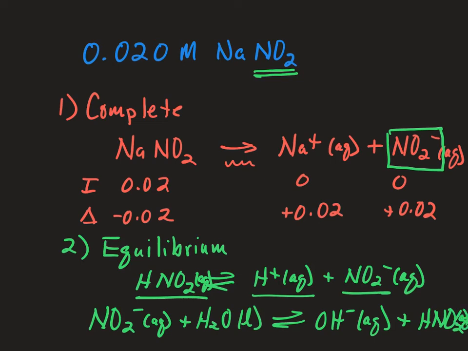And so we can consider that equilibrium, and that's why, making those hydroxide ions, the nitrite ion can act as a weak base. We just have to now consider how we relate that to the other things we know about nitrous acid.